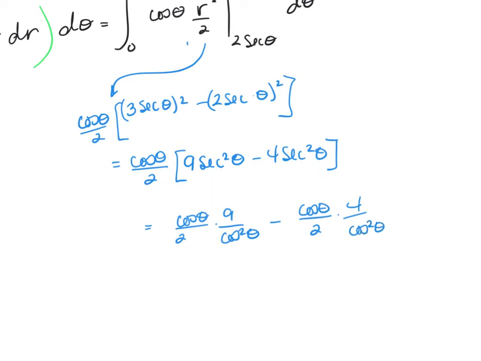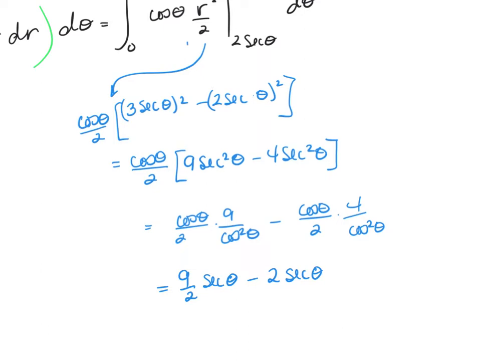Which then just becomes 9 over 2. Cosine over cosine squared is just 1 over cosine, which becomes the secant of theta. And then minus 4 over 2, the same thing, the secant of theta.